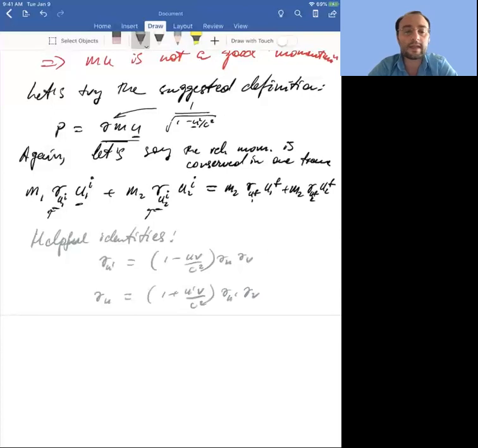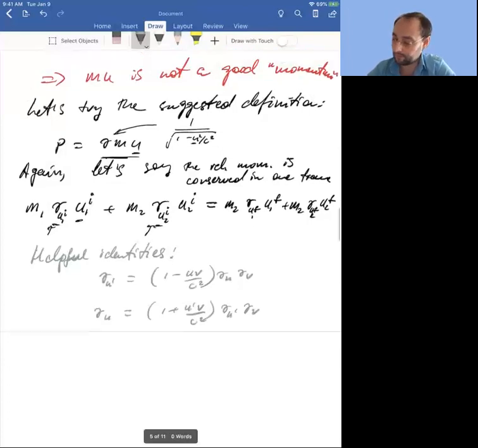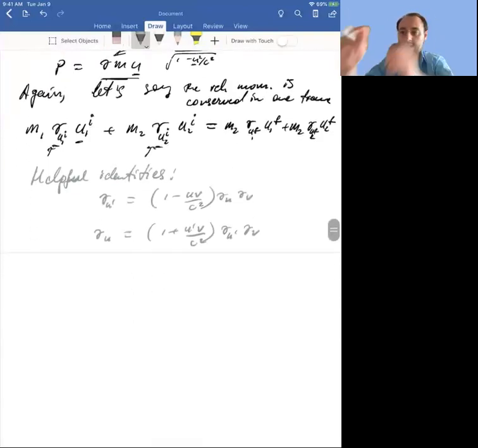One can show that they come from the invariance of the four-momentum. Remember that the four-momentum is a 4-vector, so it has an invariant, and that invariant gives rise to these things. But anyway, for now, I'm just giving them to you.